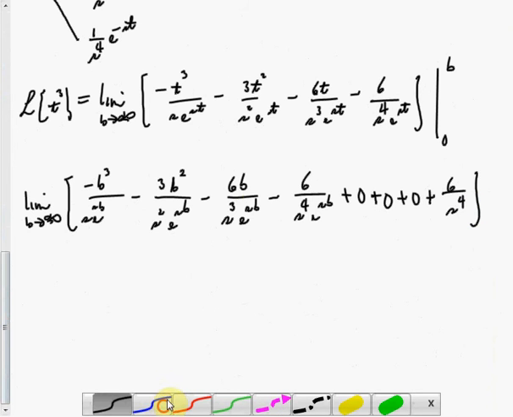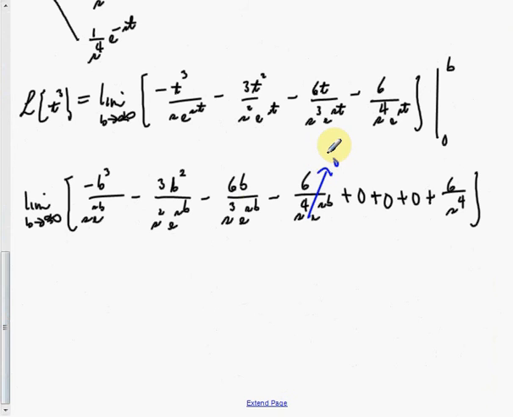All right, let's see what happens. Start here. 6 over infinity goes to 0. I get infinity over infinity here. This is like infinity squared over infinity, infinity cubed over infinity.